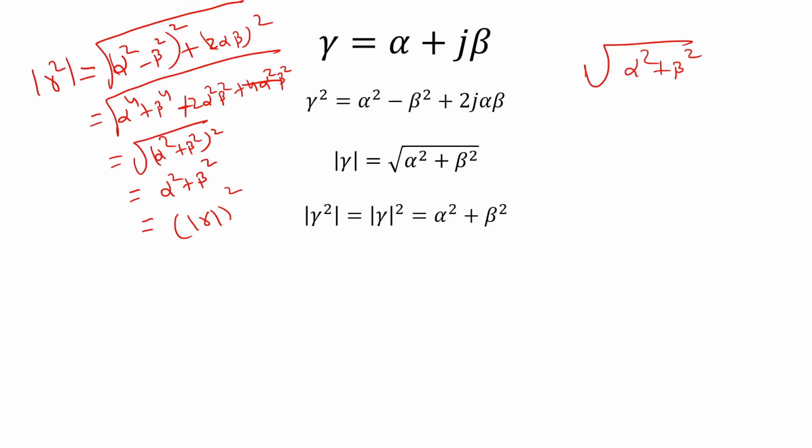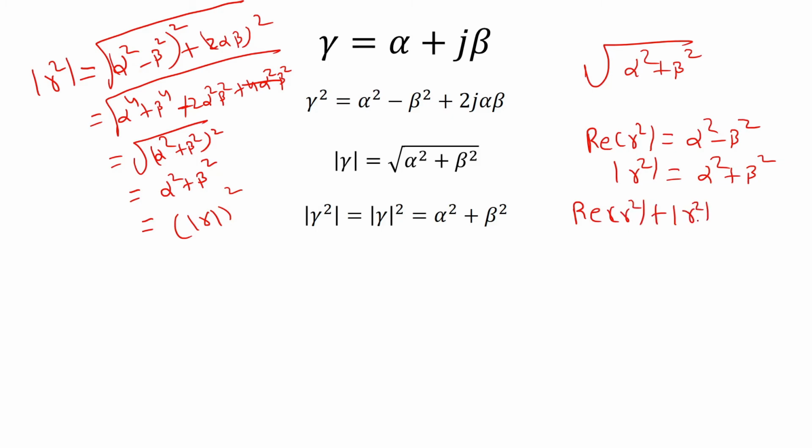This is what we have obtained. Now, what is the real part of gamma square? The real part of gamma square is alpha square minus beta square, and the modulus of gamma square is equal to alpha square plus beta square. If I add these two, the real part of gamma square plus mod gamma square gives me 2 alpha square. Therefore, alpha square is equal to 1 by 2 times (real part of gamma square plus mod gamma square).